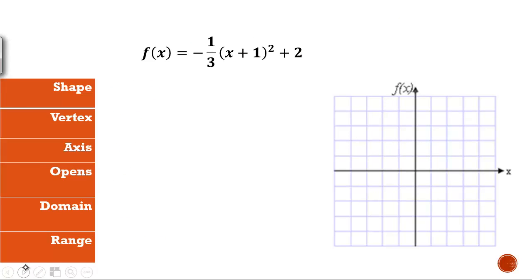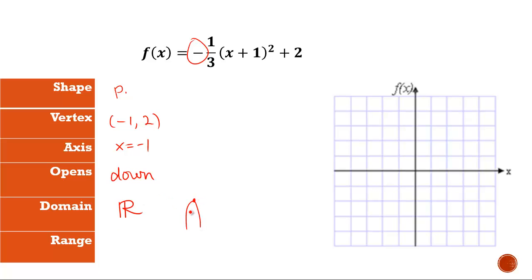And here's another one. Again, the shape is a parabola. Vertex is (-1, 2). Axis is x equals -1. It opens down. Domain is always all real numbers, and the range, because it's opening down, is from the k value all the way down, so negative infinity up to 2 including.